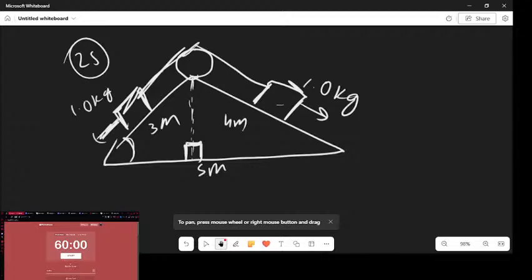How can you find the angle here? Okay, this is 3 meter, this is 4 meter, this is 5 meter. Now, what can I do from here?